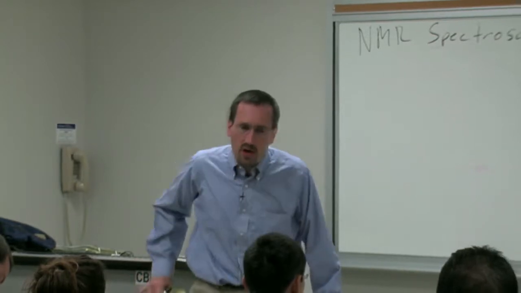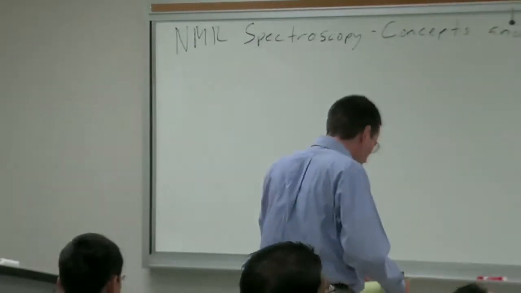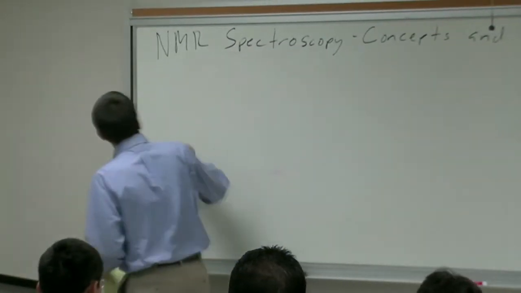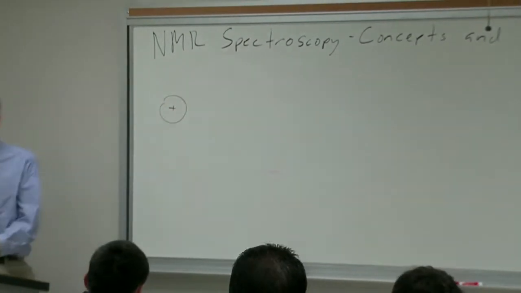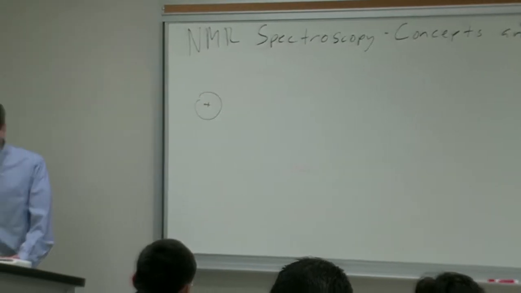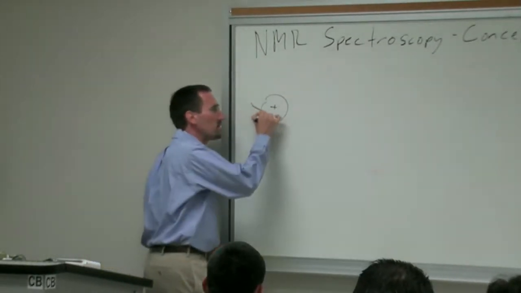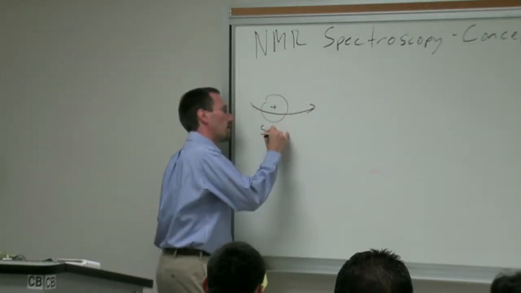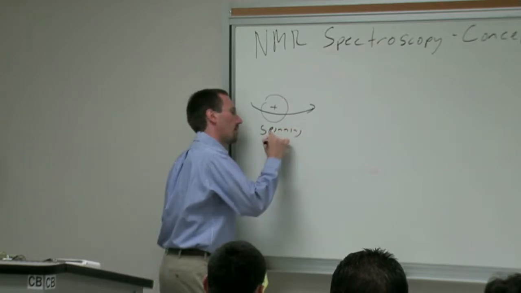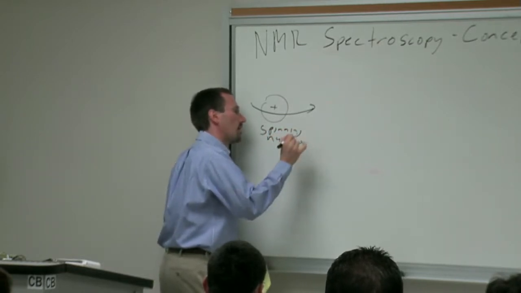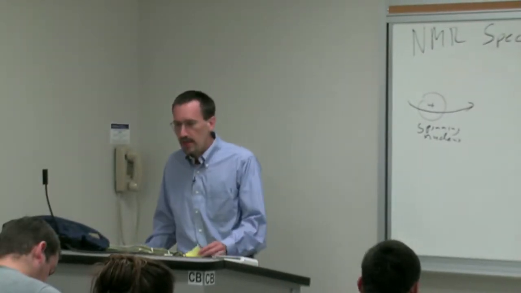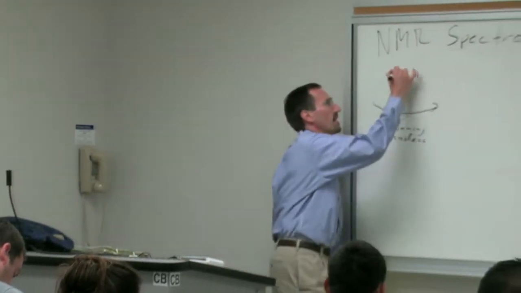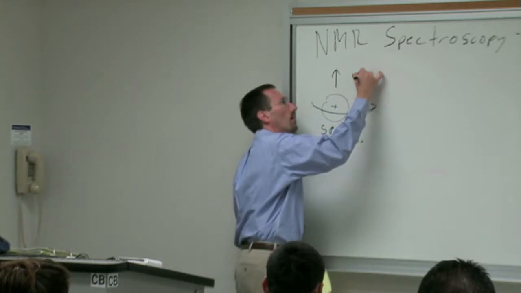So where NMR begins is with the concept that a nucleus of certain sorts, and I'll just write a proton for now, has a spin to it. And when you have a spinning charge, it generates a magnetic dipole.